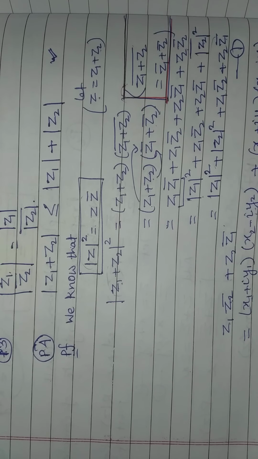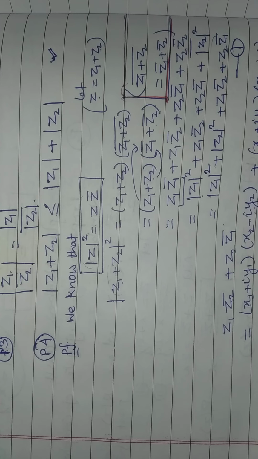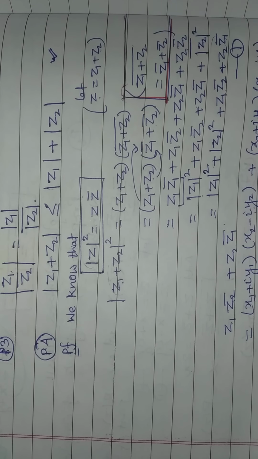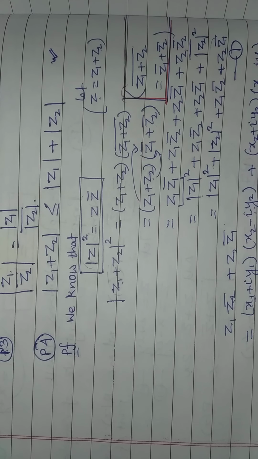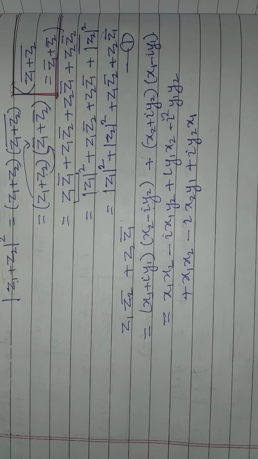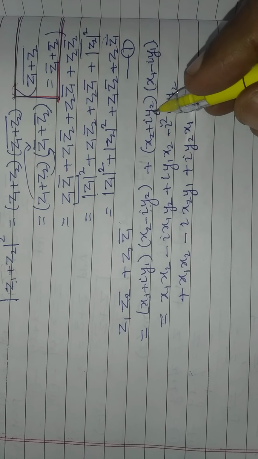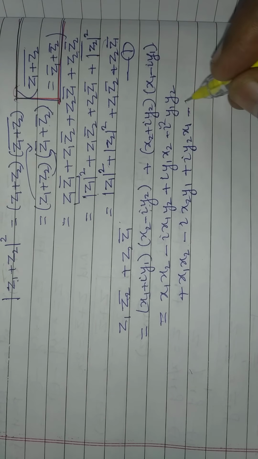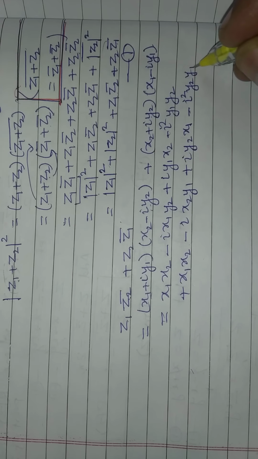Then we will multiply this. Here is plus x1 x2, then i x2 y1, then i y2 x1, and then this will multiply with this, so minus i square y2 y1.